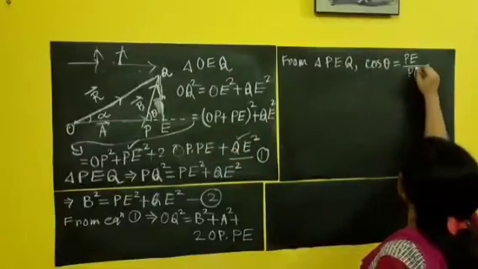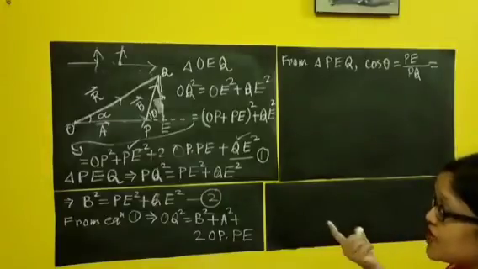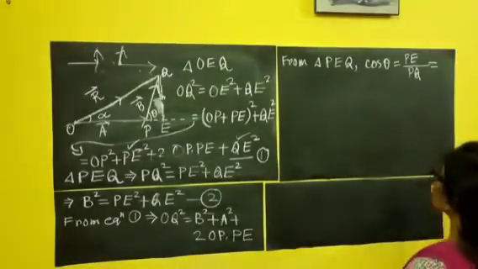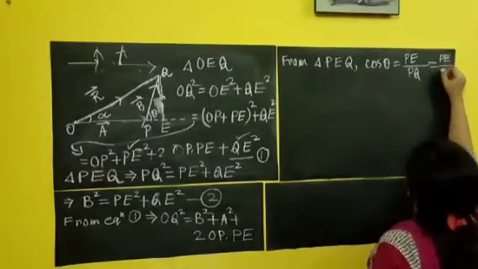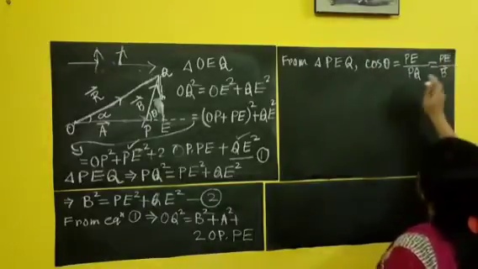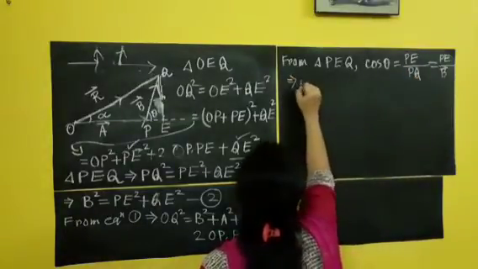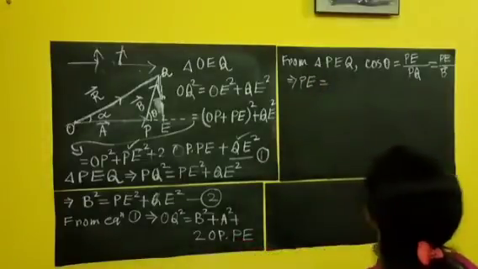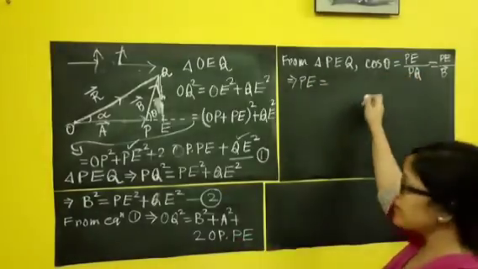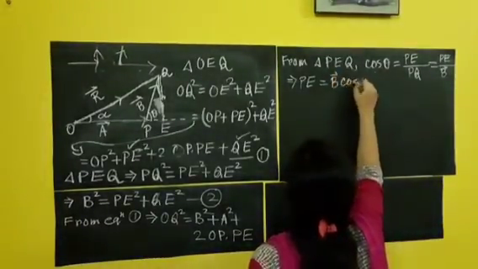No problem. Now PQ equals what? PQ equals vector B. So PE by vector B. From here what can I write? I can write PE equals, do the cross multiplication, B cos theta.